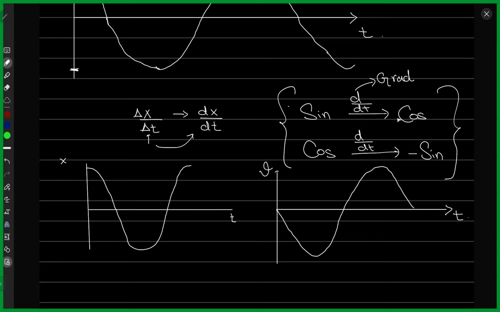And if the displacement is a cos function, then the gradient of that thing, which is a derivative, would be a minus sine function. And then drawing this graph is very simple. The velocity time graph is very simple to draw by just knowing which function is which, right? So we know that minus sine looks like this.